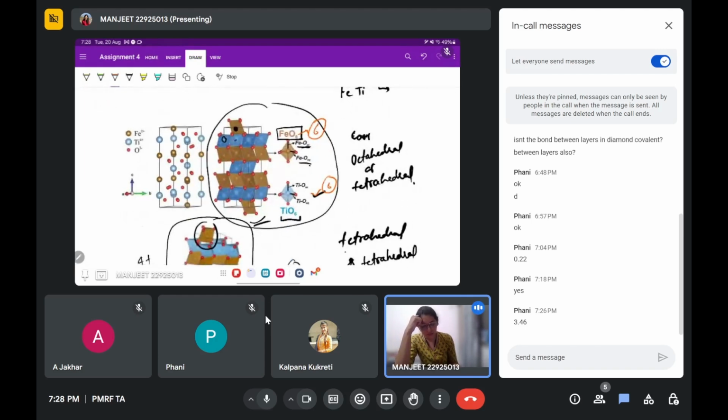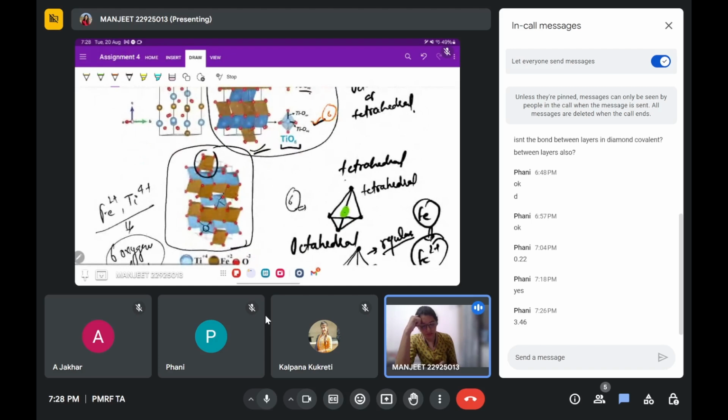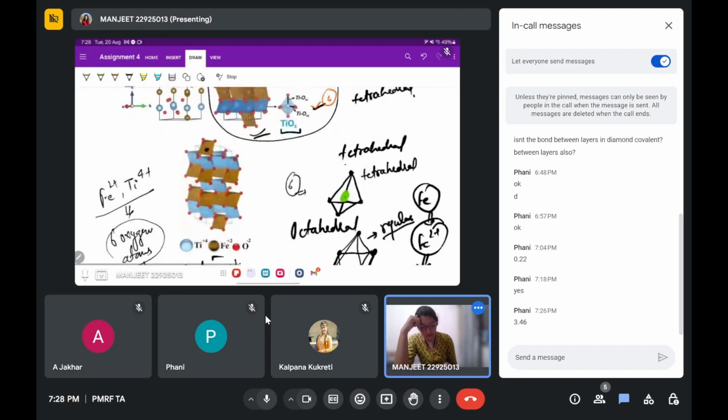Here you can't see, so we have put another figure. Here you can see it is something tilted. The golden one is your Fe, titanium is the blue one, and orange is the oxygen. So this is surrounded by six oxygens in an octahedral arrangement.